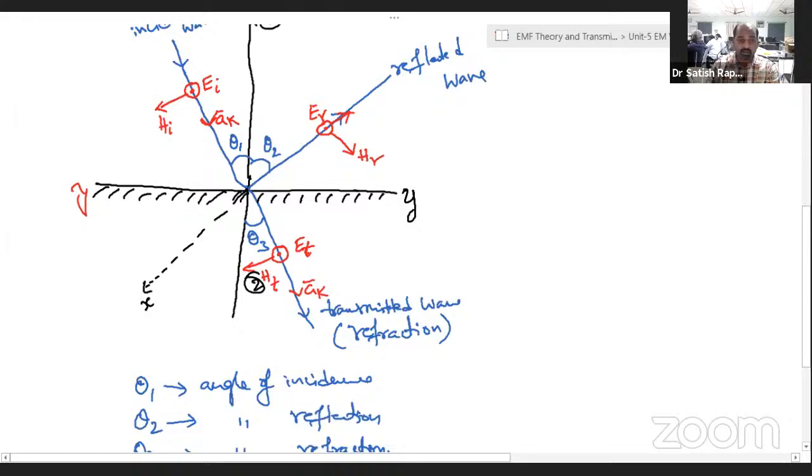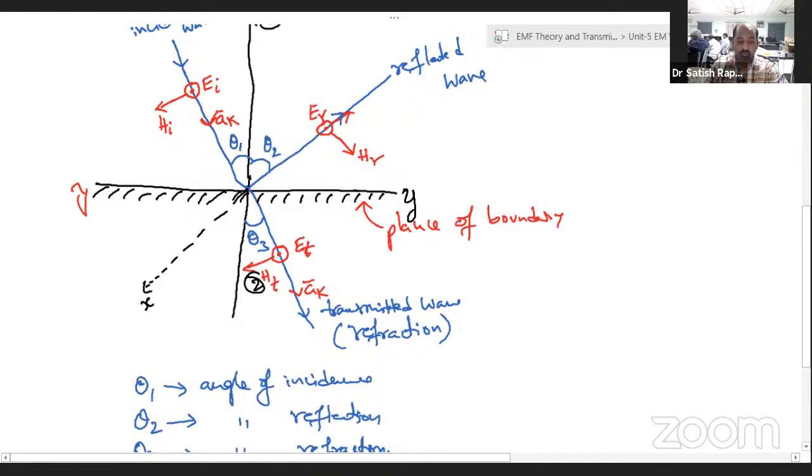And here, if you observe this, the direction of electric field, this is the boundary, the plane of boundary, right?